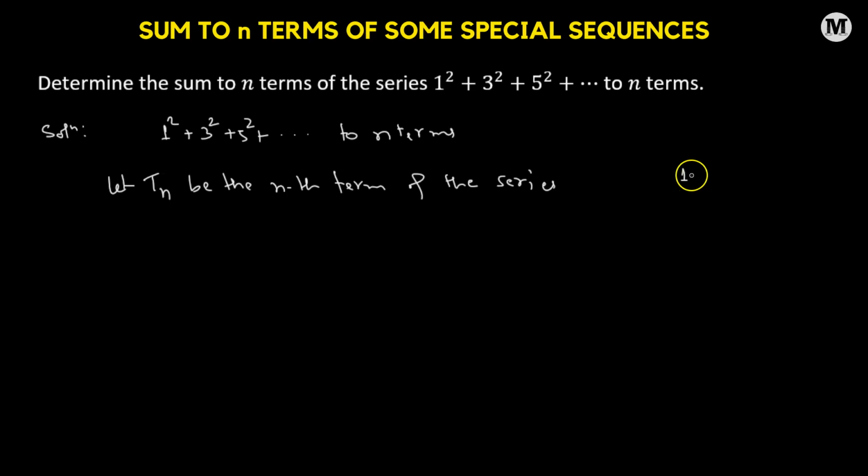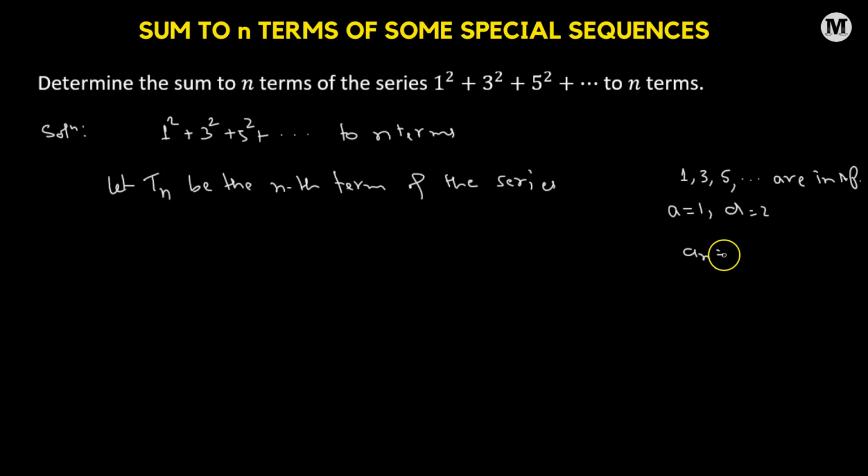So let's say from the first term we have 1 squared, but we only pick up 1. From the second term we have 3 squared, but let's pick up only 3. Then from the third term we pick up 5, and we can immediately observe that this particular sequence is going to be in arithmetic progression. Now if they're in arithmetic progression, then we can find out its nth term. So we have a equals 1, d equals 2.